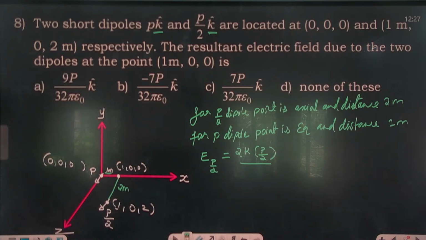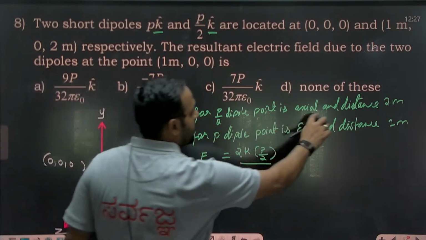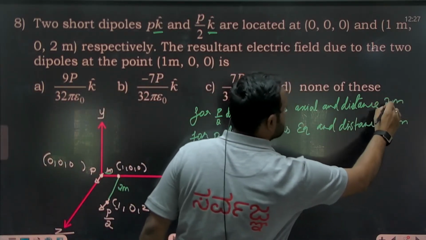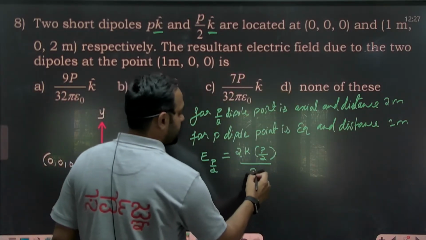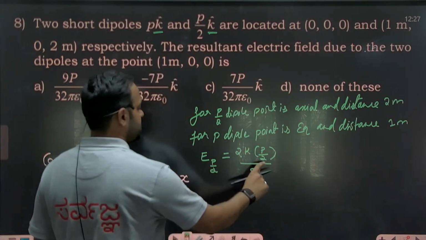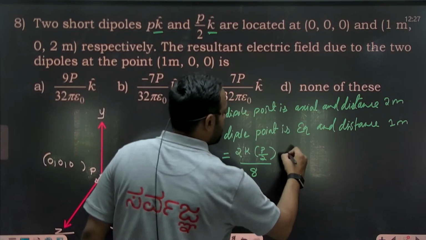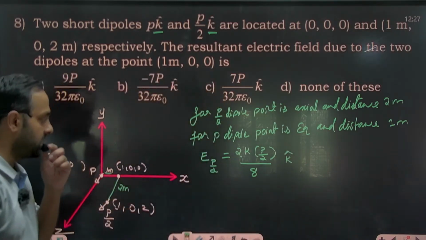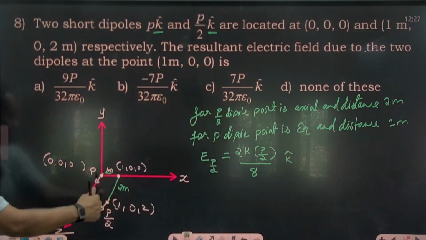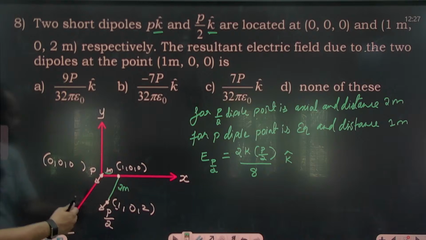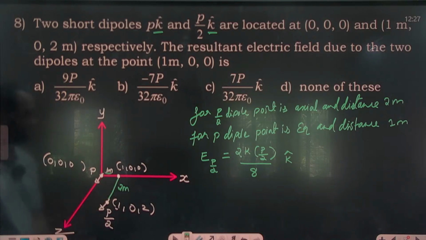R is 2 meters. 2 cubed is what? 8. And what is the direction here? The direction is K cap. Why K cap? Because the direction of P by 2 is K cap, so the electric field will be in the same direction. So it will be K cap.